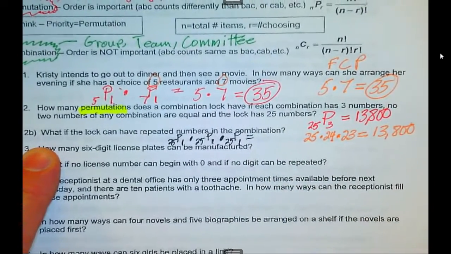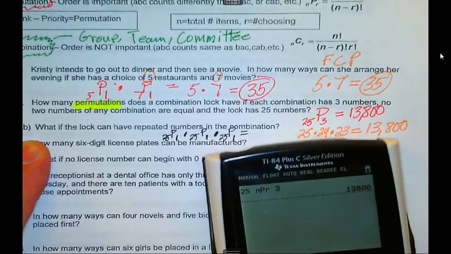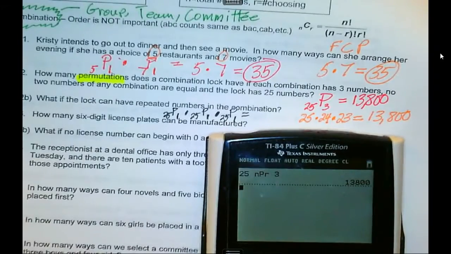Now, you can put this all in your calculator at the same time if you're careful.